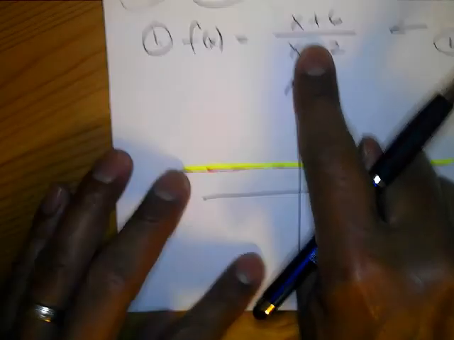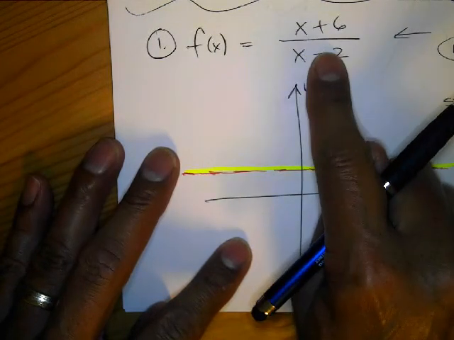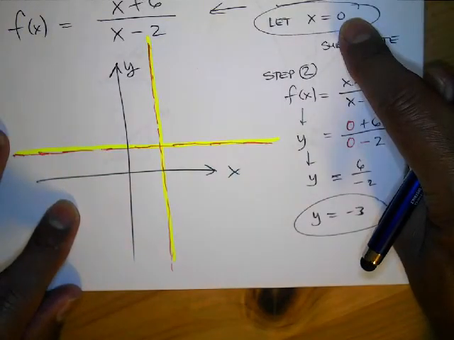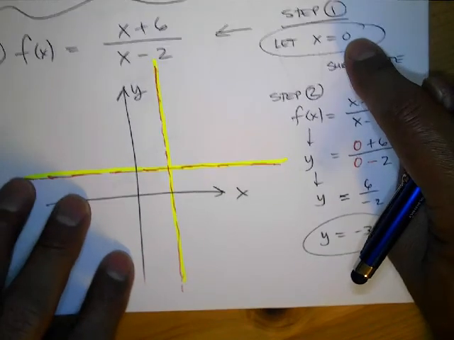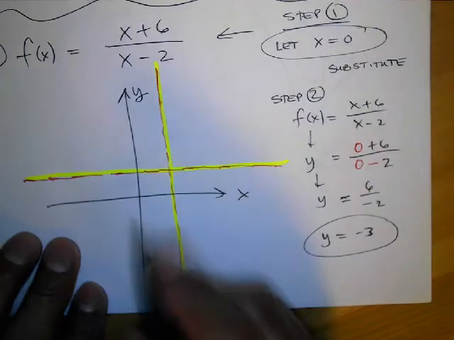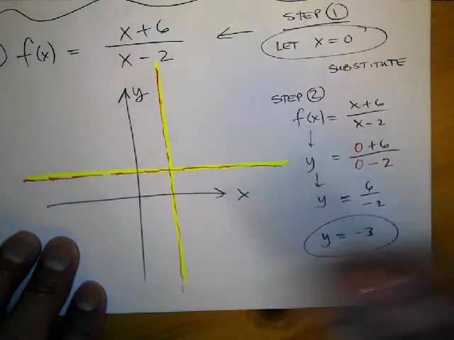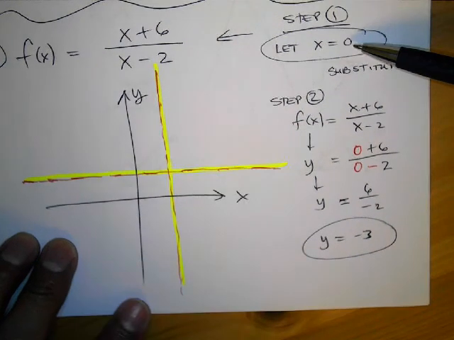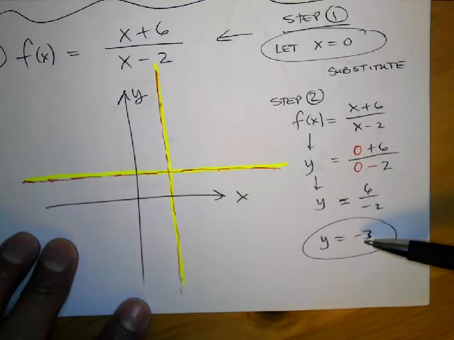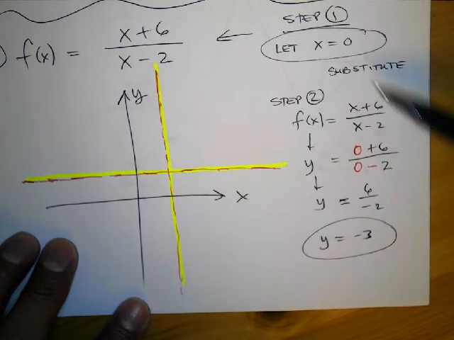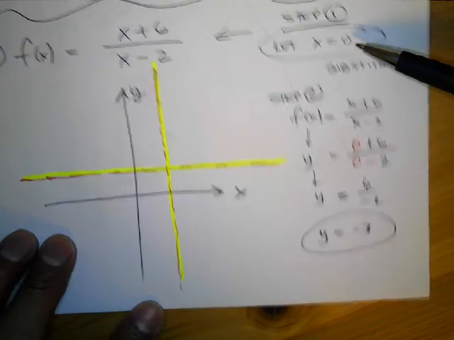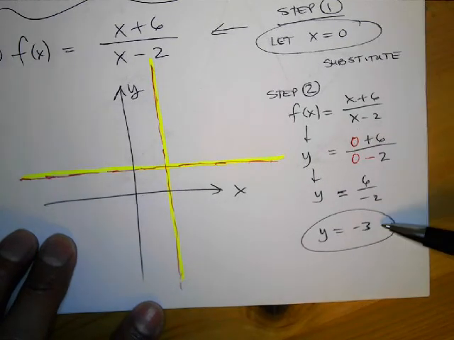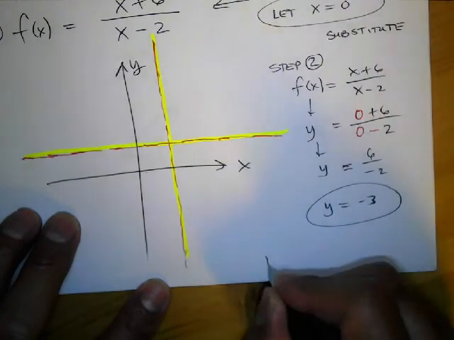Well, let's see. On this side of the function is your x, and this is the y, right? So if you said x equals 0, because you can pick any point you want on the x, when we chose x equals 0, we got negative 3. So this is a point.